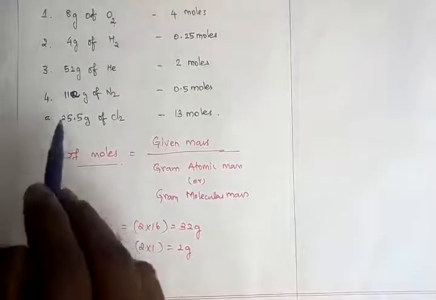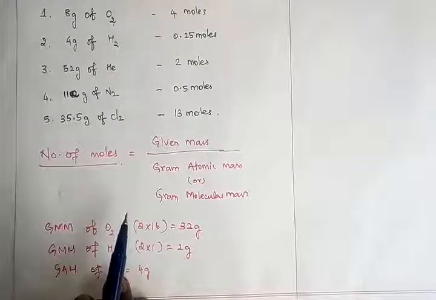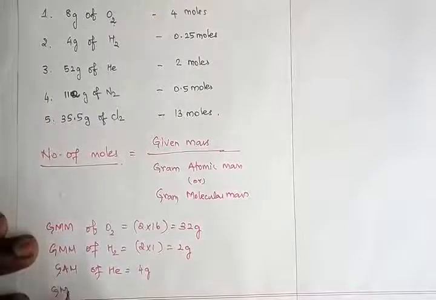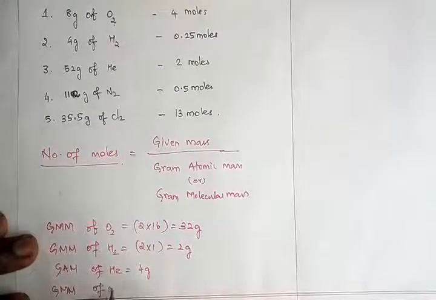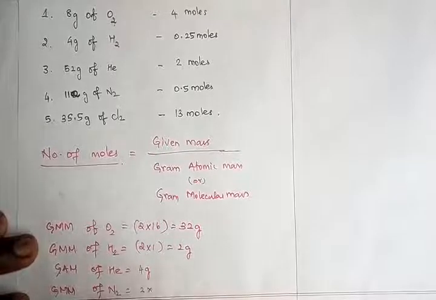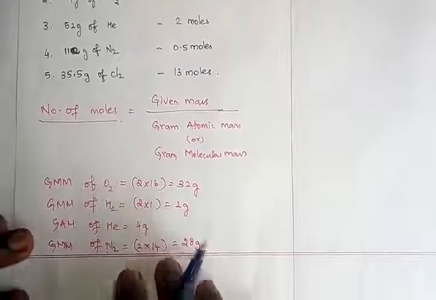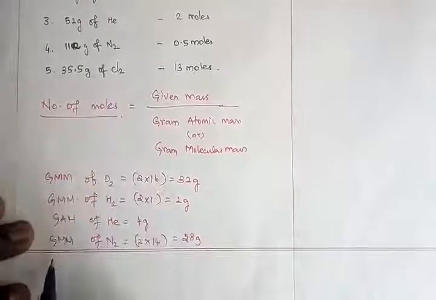Now come to the next one, that is nitrogen. Nitrogen again is a molecule. So the gram molecular mass of N2 is 2 into the nitrogen atomic mass, 14, so the answer is 28 grams. The next one, chlorine.